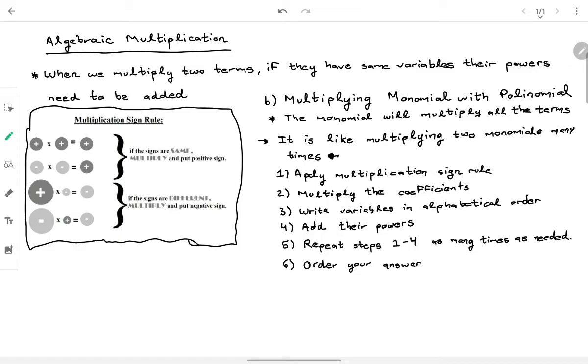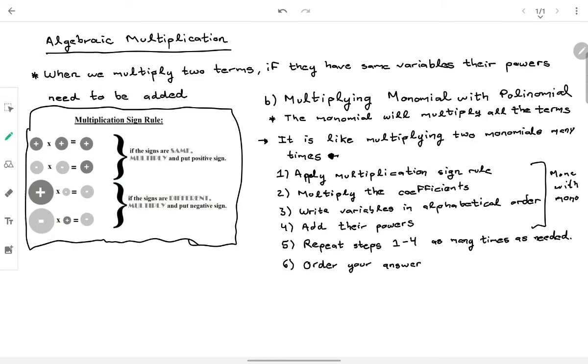So it says here, we need to apply the multiplication sign rule. Then we will multiply the coefficients. Then we are going to write the variables in alphabetical order. We will add their powers. So this is how you multiply monomial with monomial.